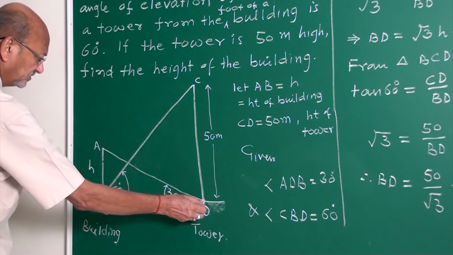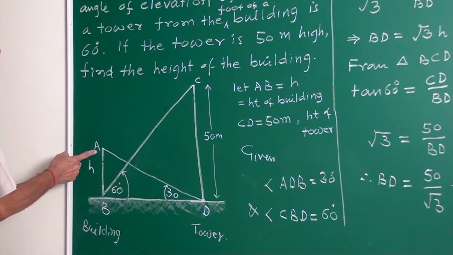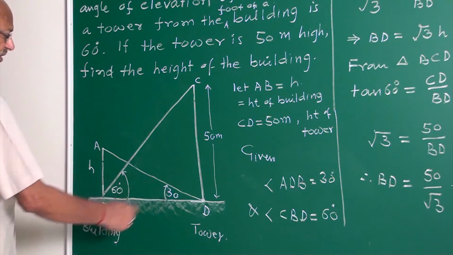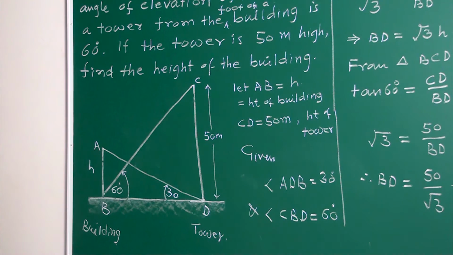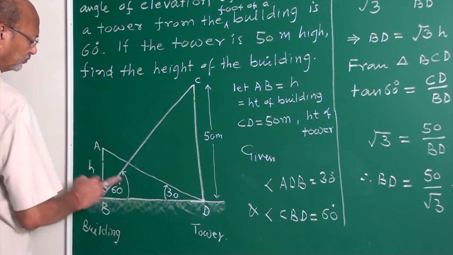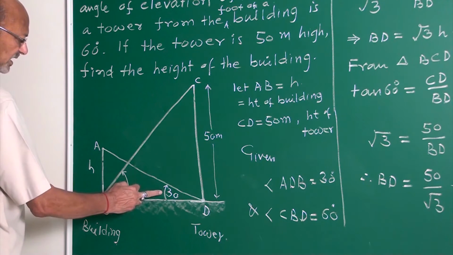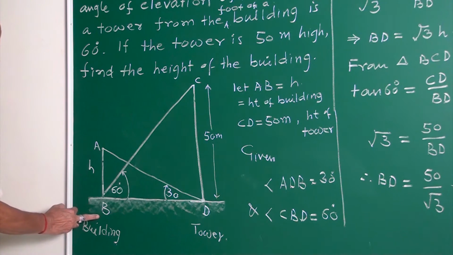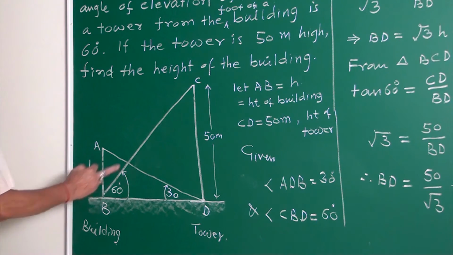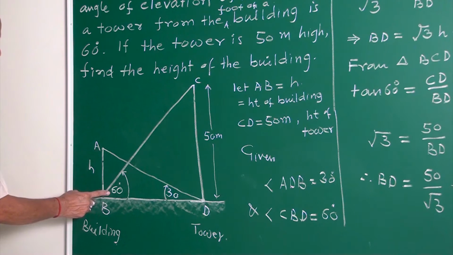BD is the horizontal, and both objects are above the horizontal, so these are angles of elevation. Similarly, from the foot of the building, if you look at the top of the tower, the angle formed is 60 degrees. Both are angles of elevation.